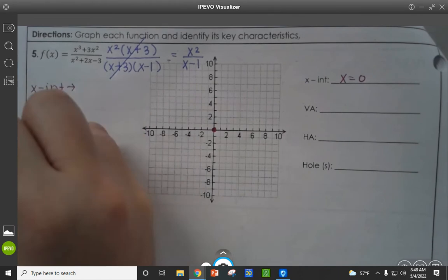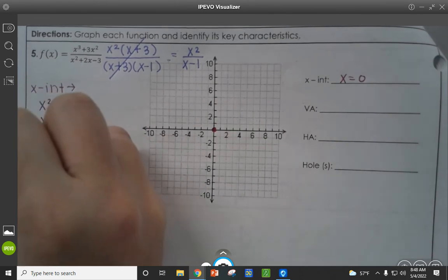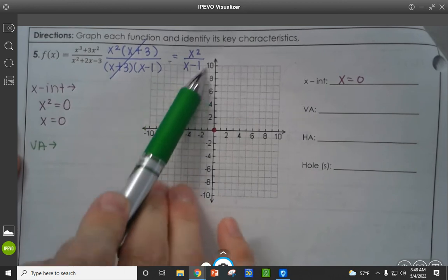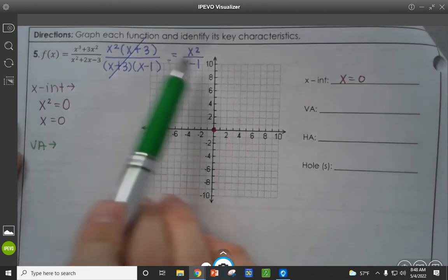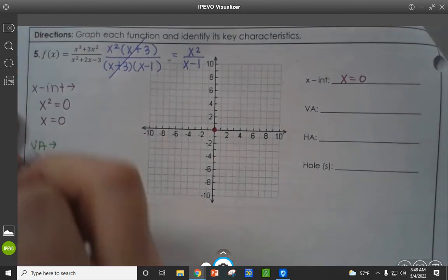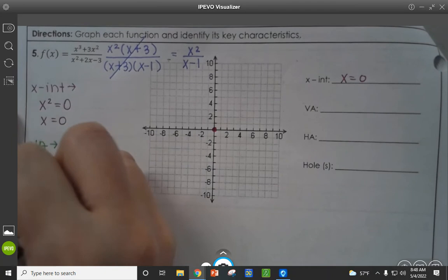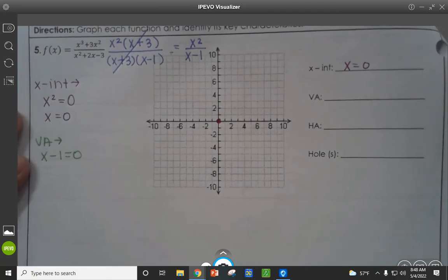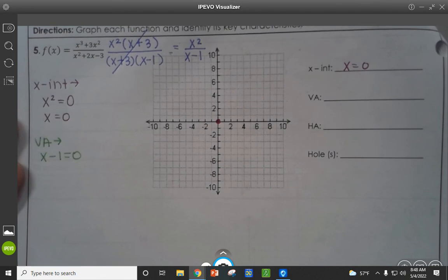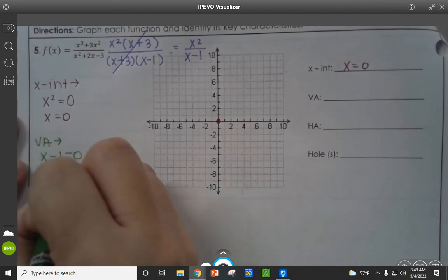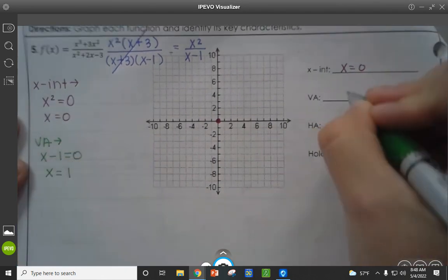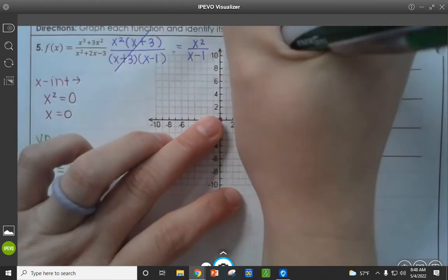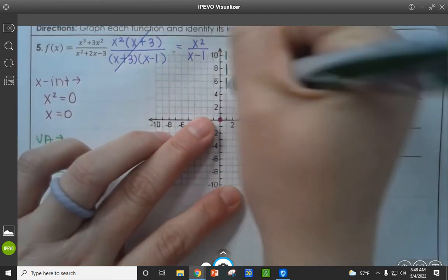Then the vertical asymptote. That's what we do with the simplified denominator, or any factors that did not cancel. So we have x minus 1 equals 0. So x equals what? 1. So this is the vertical line that goes through 1.